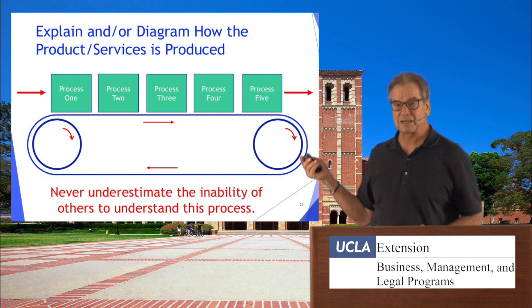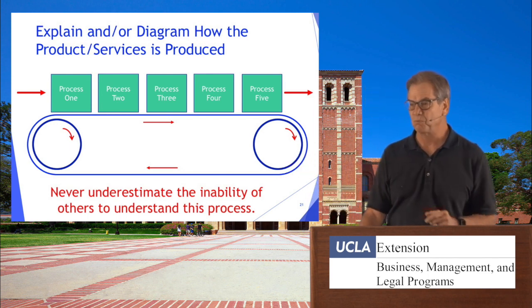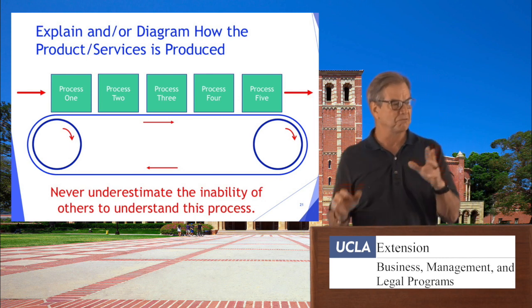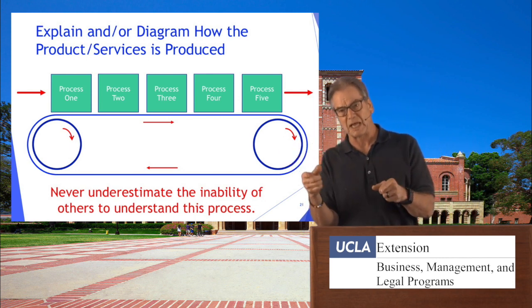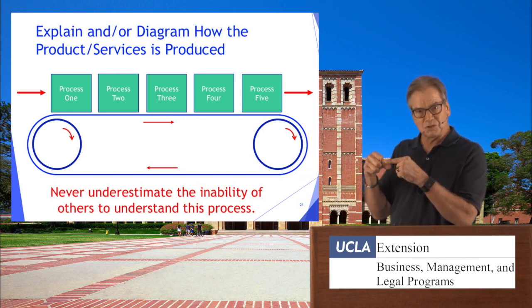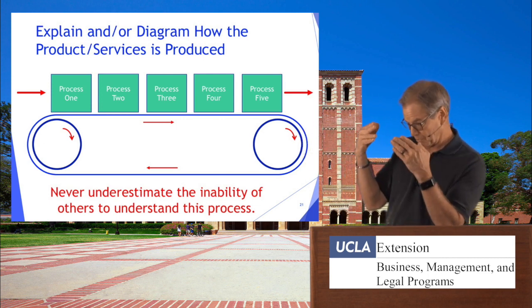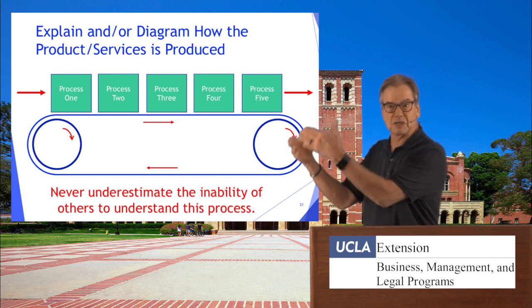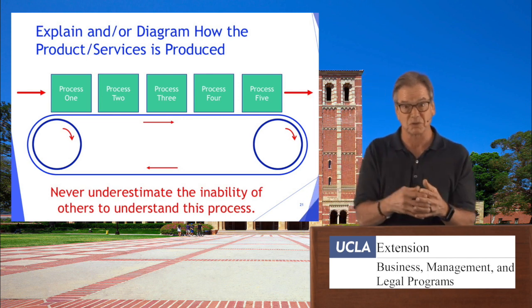Another graph that's always good to try to present is some kind of diagram that shows how the product or service is actually made. Up here we have a conveyor belt, just being creative here, showing phase 1, phase 2, phase 3 in the process of the manufacturing or consulting process.